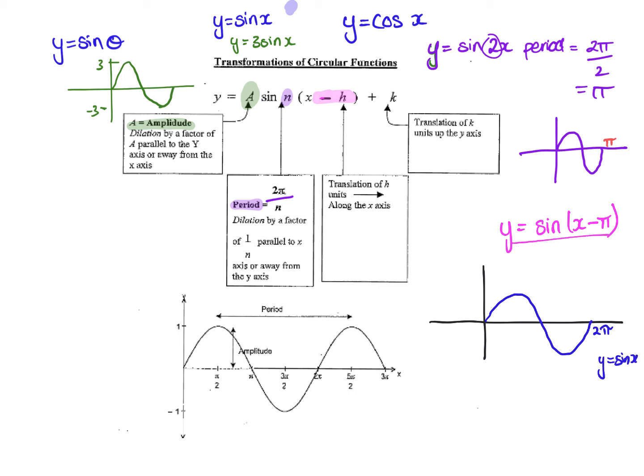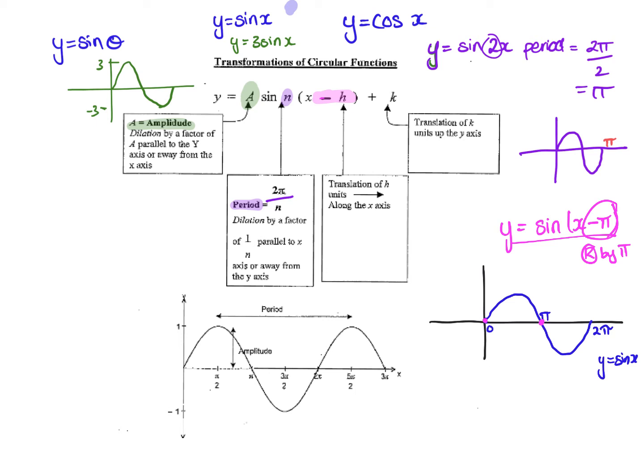When you have this pink one, because it's got minus, this means it moves the graph to the right by pi. So say this point is at 0, this point will now be over, you move it over by pi. This is probably not the best one because it'll still look the same.